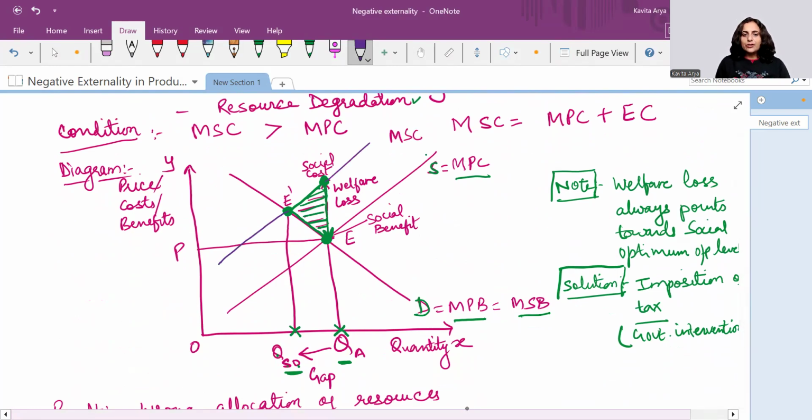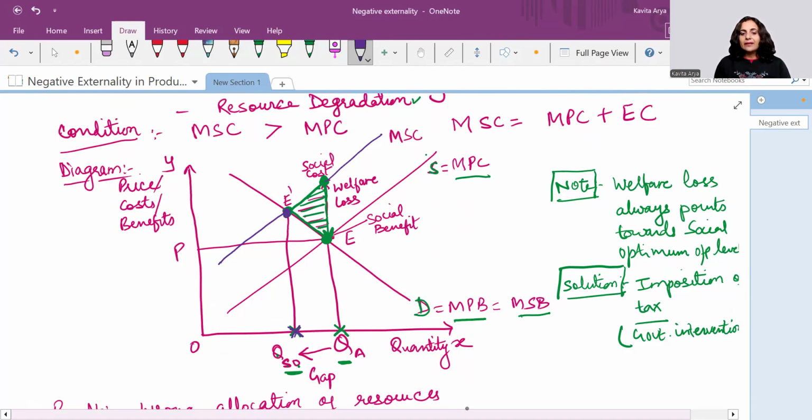So how would it be shown? See, we did talk about this, that demand and supply curves intersect to find E. E decides the quantity allocated and the price, but there is some cost which the society bears that is reflected by MSC intersecting with this D, and which results in E dash, meaning the social optimum level of output is SO, this level.